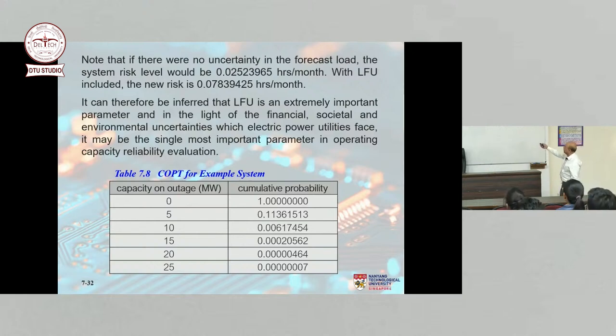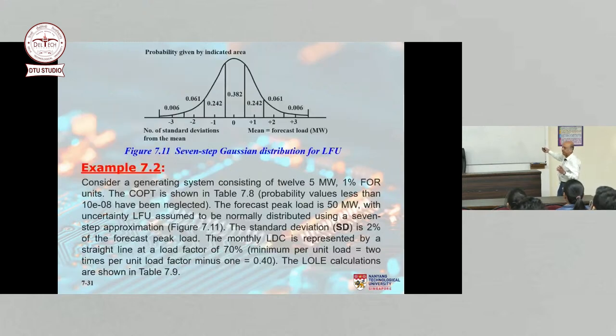If you do the calculations, at the mean value, what is the mean value of the load? The mean value of the load is 50 megawatts. At the mean value, you have your capacity outage table using the binomial distribution, and if the peak load is 50, use the cumulative probability of 10 megawatts or more out of service, and you can get the loss of load expectation.